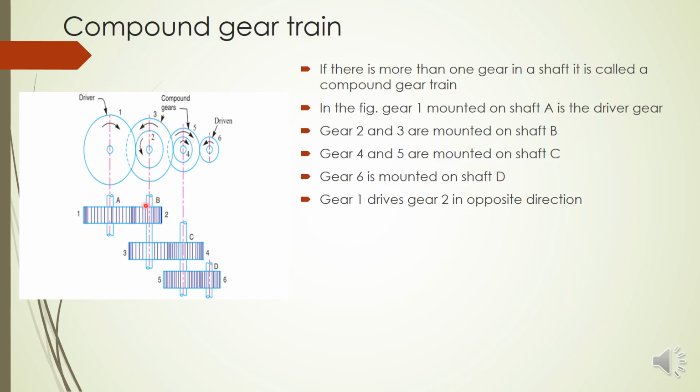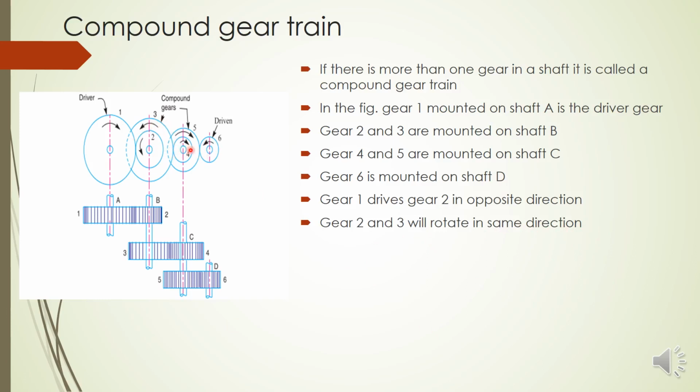So when 2 rotates, 3 also rotates in the same direction and same speed. You can see here 2 and 3 both are in anti-clockwise direction. So as gear 1 drives gear 2 in the opposite direction, gear 2 and 3 will rotate in the same direction because they are on the same shaft B.